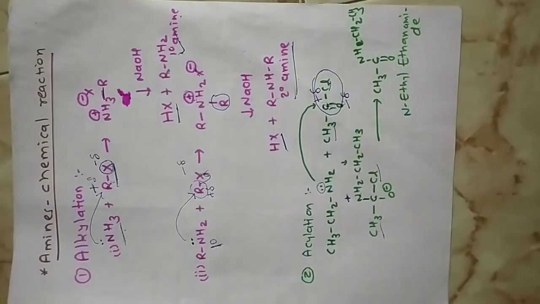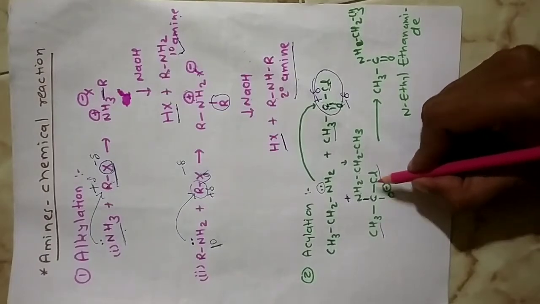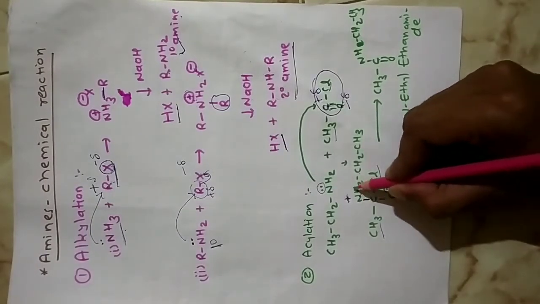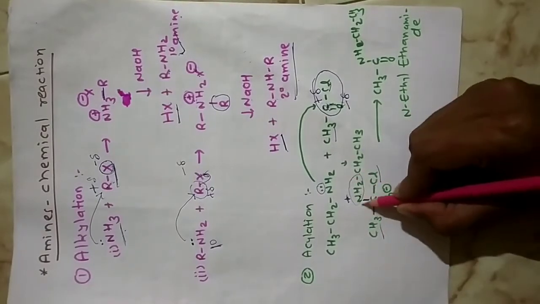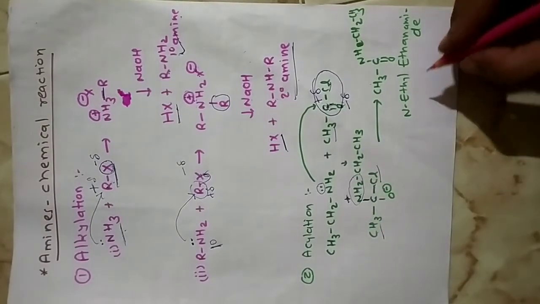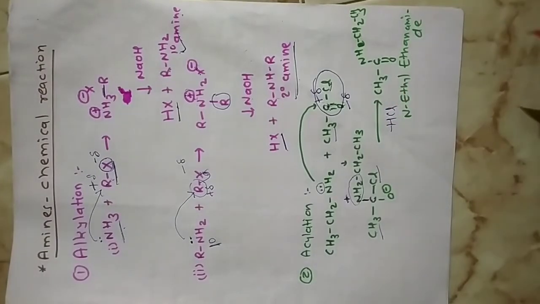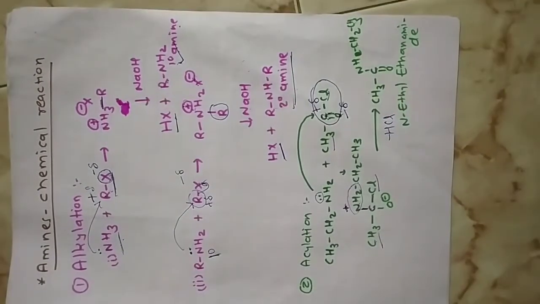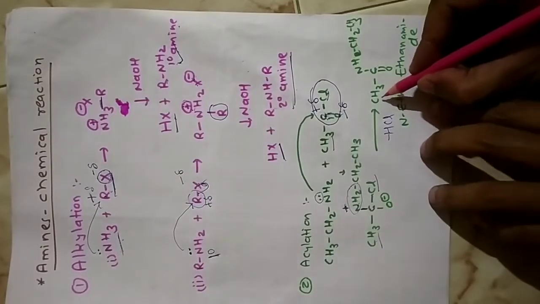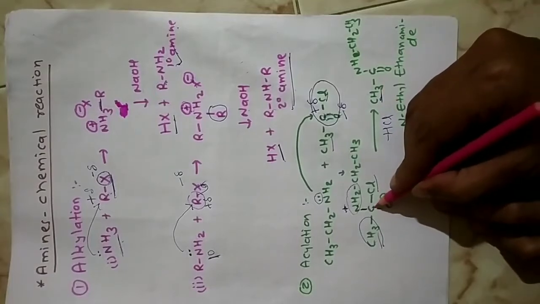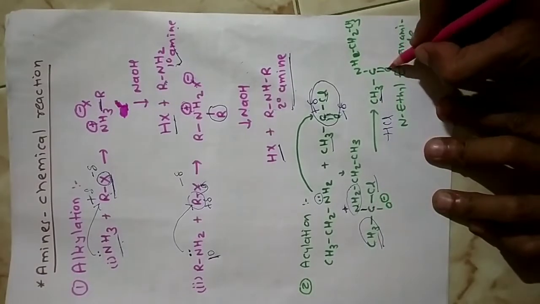Now what happens here? This Cl and hydrogen from this amine group NH2 both make HCl. So HCl is our byproduct. The remaining part is our CH3. Then again a double bond forms here.